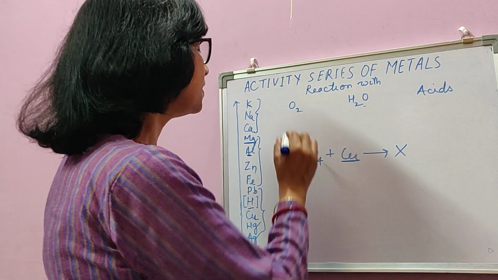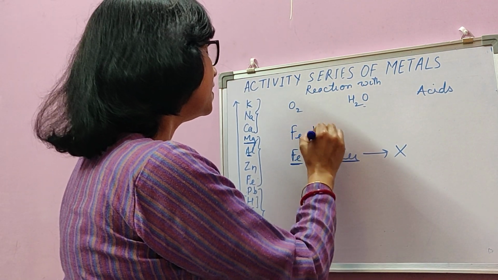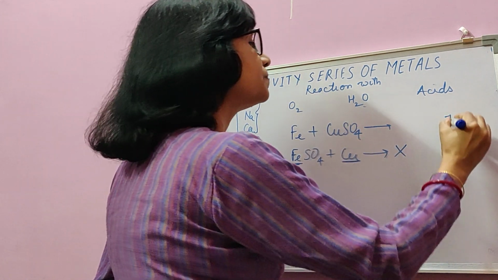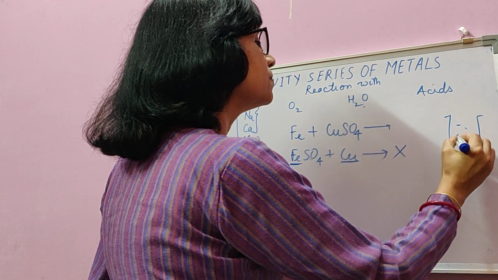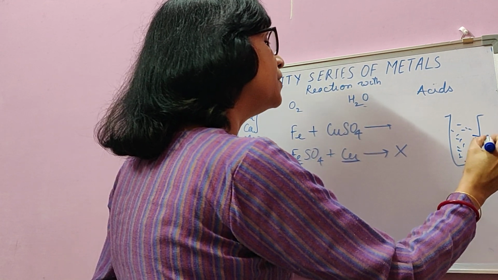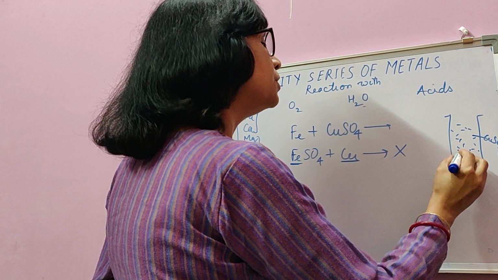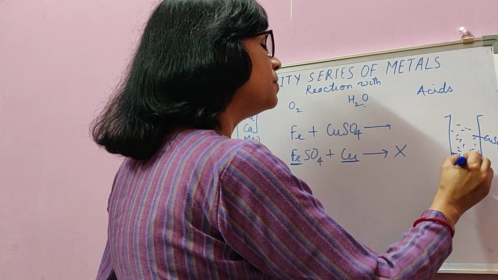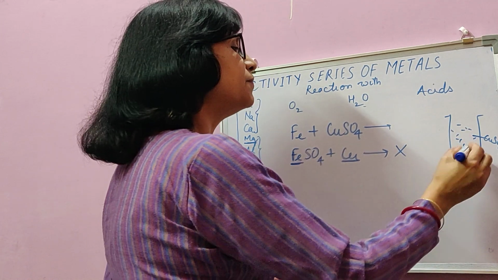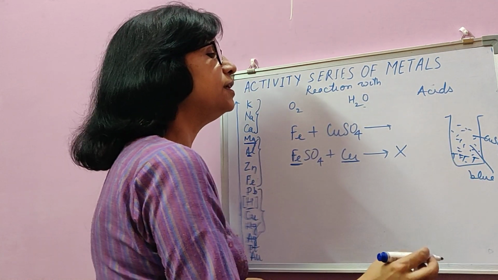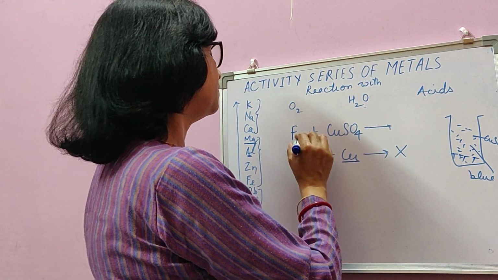But if we take iron and place it in copper sulfate solution, suppose this is copper sulfate solution and we have put an iron knife or any iron article or maybe an iron nail into it, then after some time the blue color of the solution will gradually turn green because this reaction will take place.